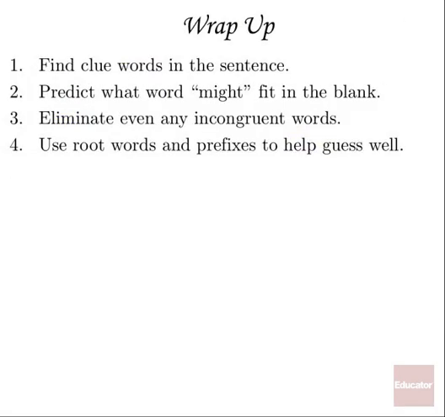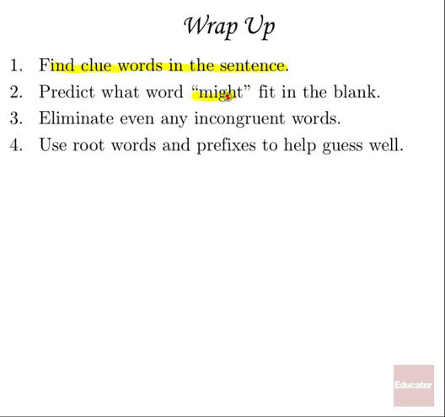So to wrap up, here are your tips. Find those clue words in the sentence. Find the subject of the sentence. Find the important adjectives. Find the important keywords. Find the words that are right next to the blanks because they might be giving you some kind of qualifier in order to get it correct. Predict what word might fit in the blank.